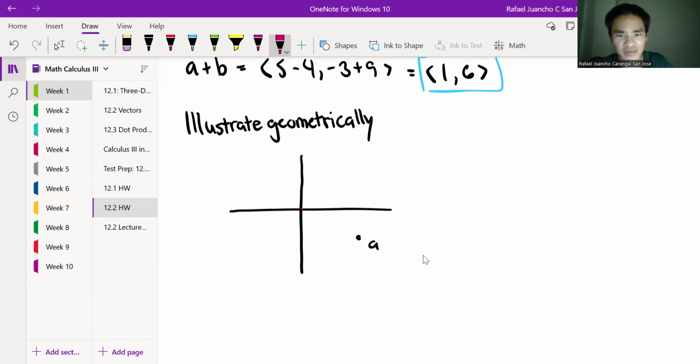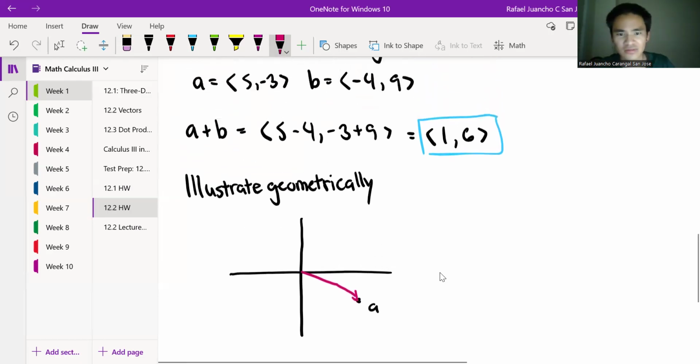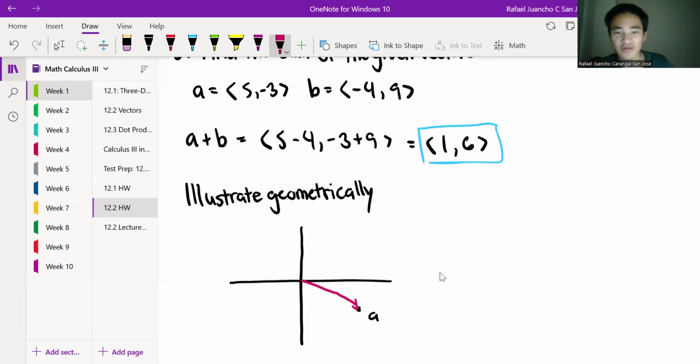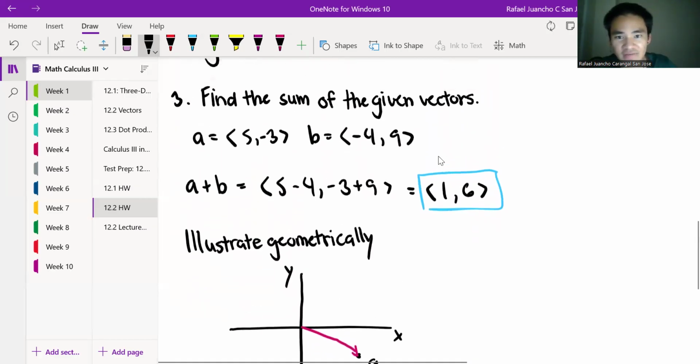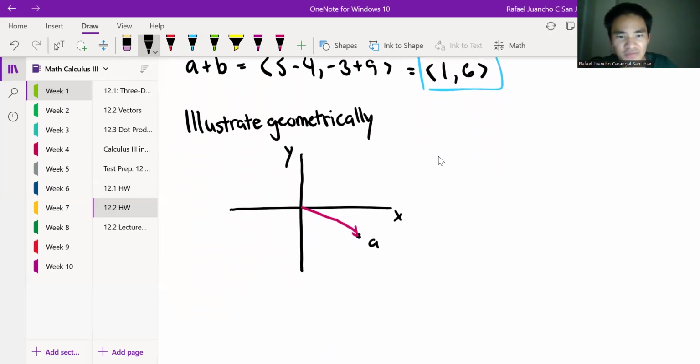So I'm going to say that's my vector A. My vector B, on the other hand, goes -4, so it goes 4 to the left, assuming y is the vertical axis and x is the horizontal. It goes 4 to the left and 9 down. So I'm going to assume it's here. This is not drawn to scale. So this is our B vector.